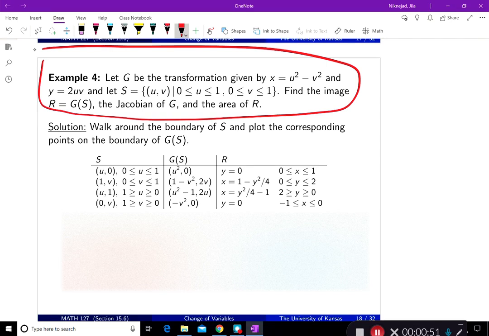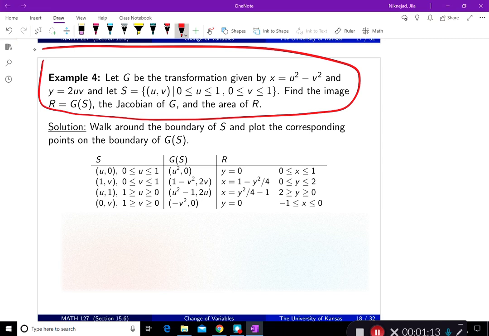So this is not the way you typically see the transformations. Usually you choose a transformation and you see the pre-image. This time the pre-image is given and you're finding the image. So let's go through this and see how it works.